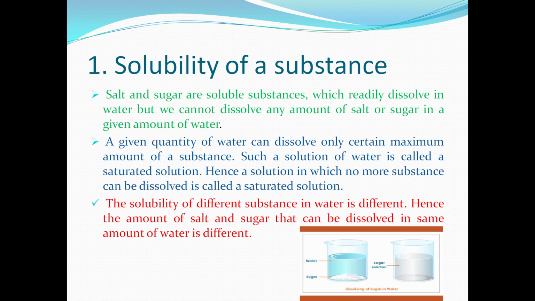This is just a sugar solution, and this is a saturated sugar solution, where you cannot dissolve any more sugar in it. Hence, a solution in which no more substance can be dissolved is called a saturated solution.